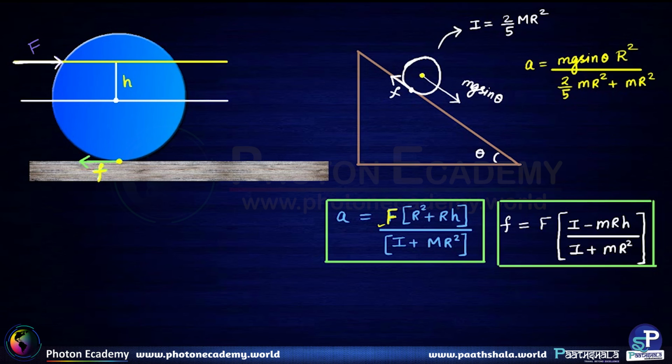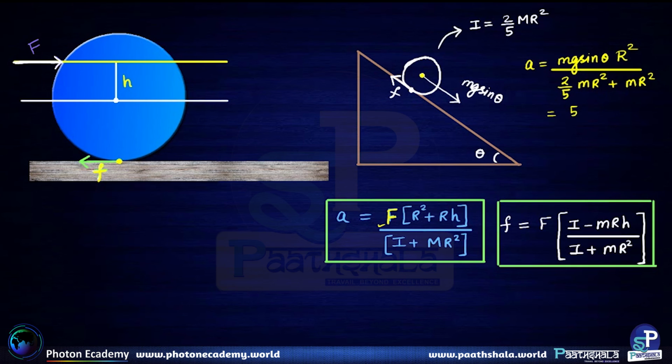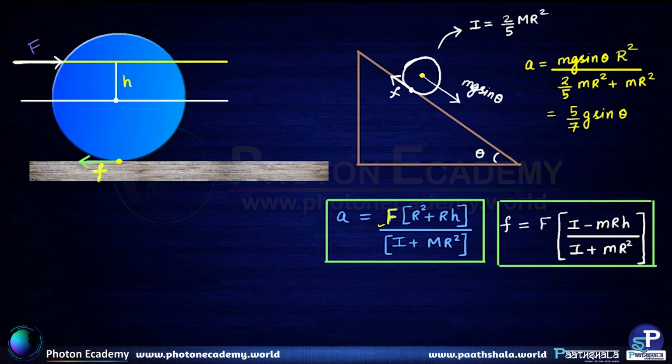So typically this mr square gets cancelled and you get the answer after simplifying as 5 by 7 g sine theta. We can see that this answer is less than g sine theta because friction is present, and friction is trying to prevent slipping, and hence friction is trying to reduce the acceleration effectively from g sine theta to a lesser value, which comes out to be 5 by 7 g sine theta.